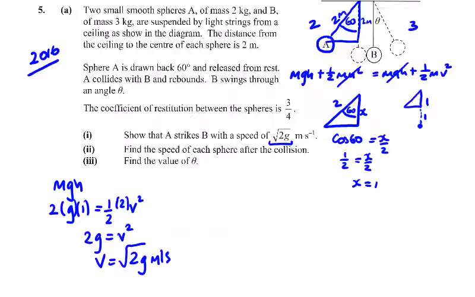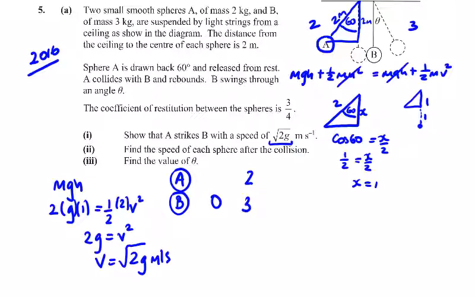Find the speed of each sphere after the collision. So we need to apply our 2 formulas then to this. Let's just set up our table. We have A and B. A is a mass of 2. B has a mass of 3. B is at rest.